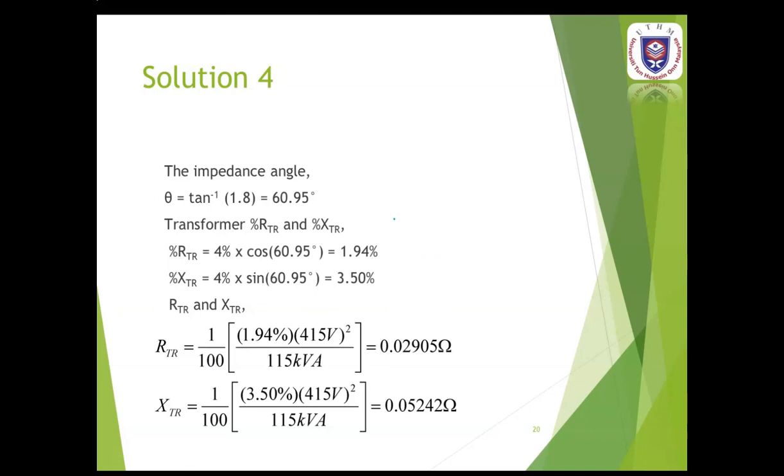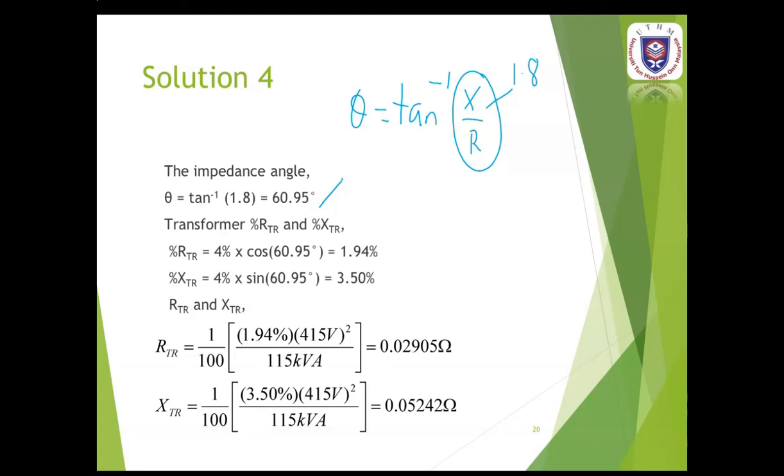The solution for this example: first, identify the impedance angle using the equation theta equals tangent minus 1 of X per R, and this X per R ratio has been given, which is 1.8. So theta is 60.95 degrees.